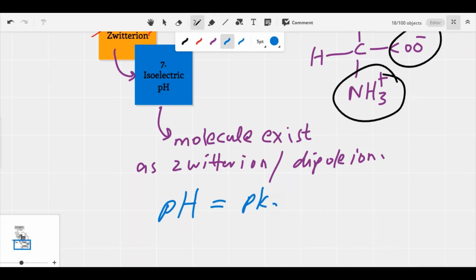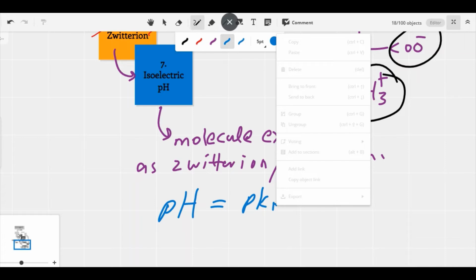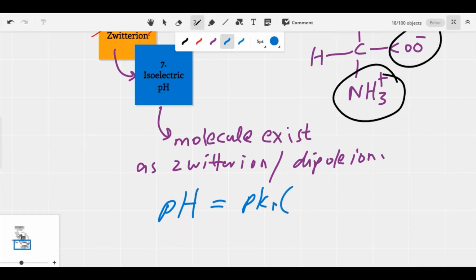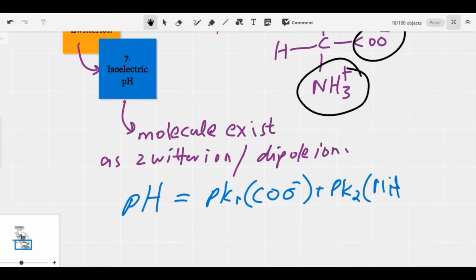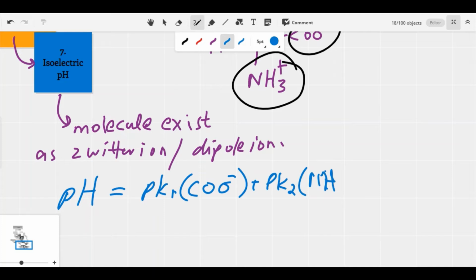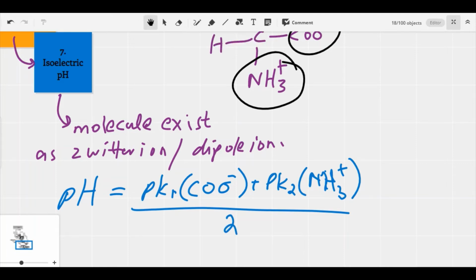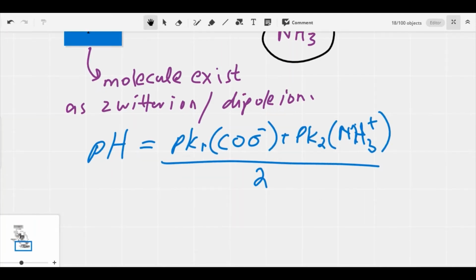So here I am going to write pK1 of COO negative and the second one pK2 that is NH3 positive, divided by 2. So you can calculate it by this formula.